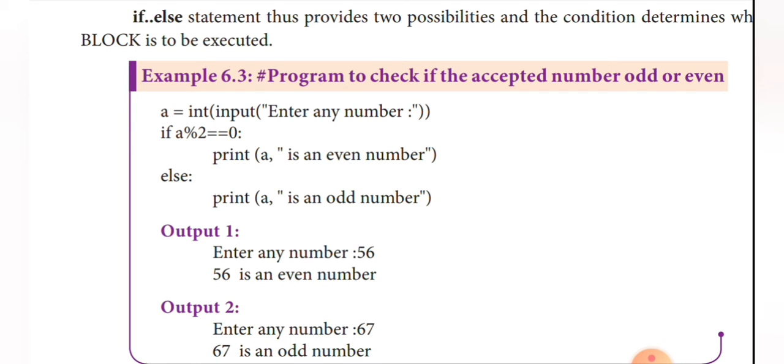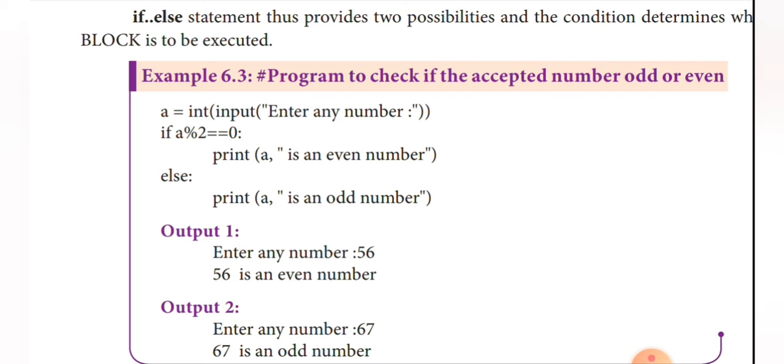So you must convert the string data into integer type, because we are going to check whether the number is even or odd. For converting string data into integer data type, which function is used? The int function. So the statement can be written as a = int(input("Enter any number")).